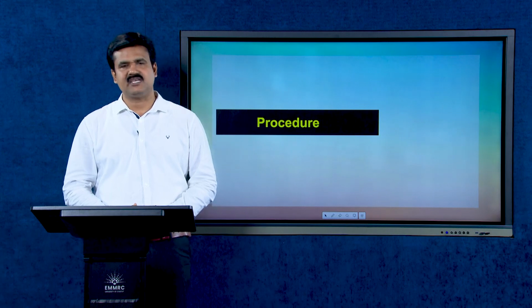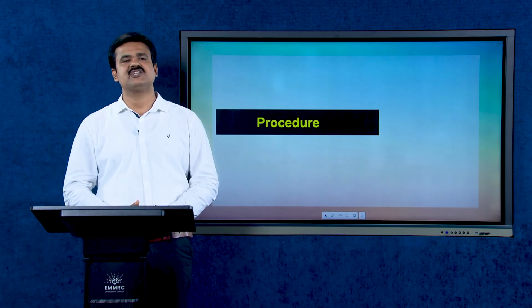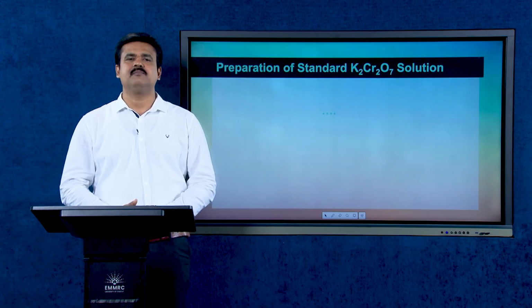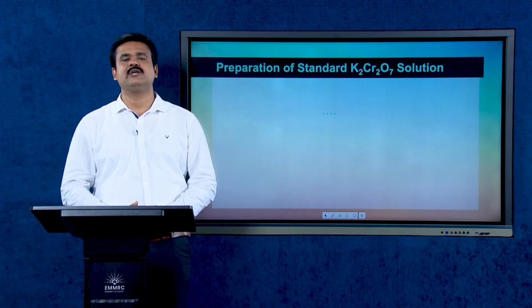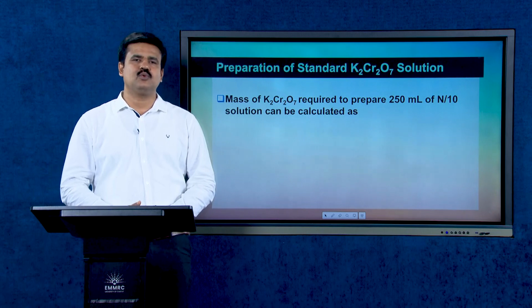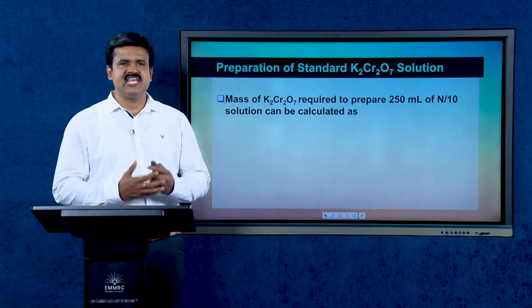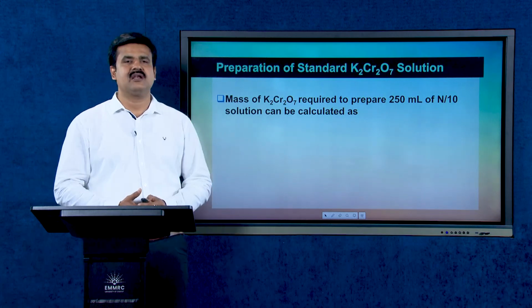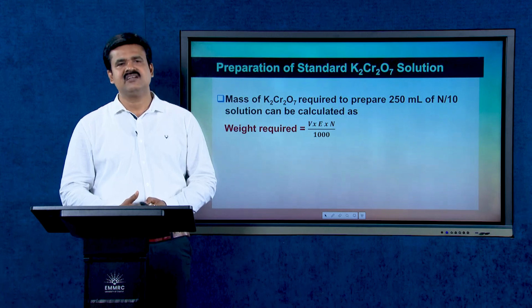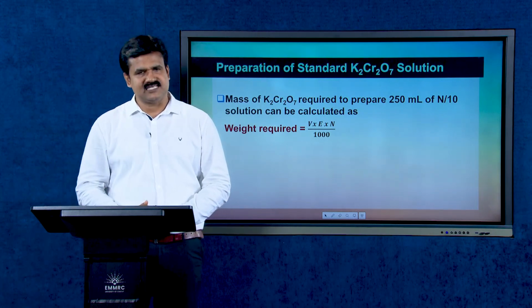We are entering into the procedure of the experiment, that is estimation of copper. First part is the preparation of standard K2Cr2O7 solution. Mass of K2Cr2O7 required to prepare 250 ml of N/10 solution can be calculated by using the expression for weight calculation, that is weight required equals V E N divided by 1000.